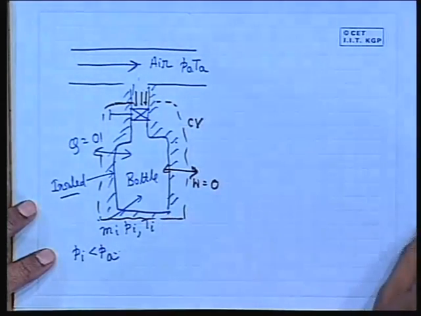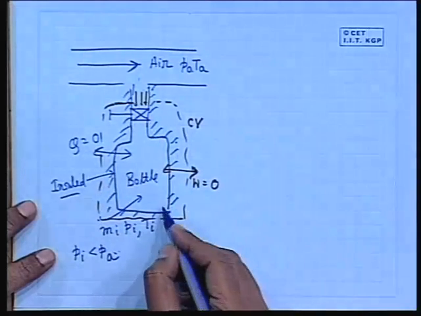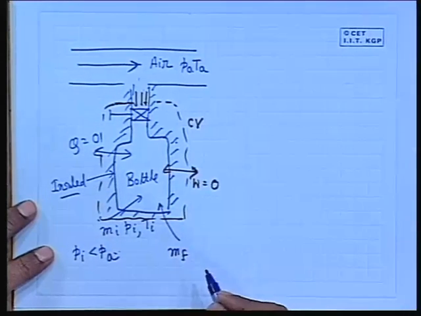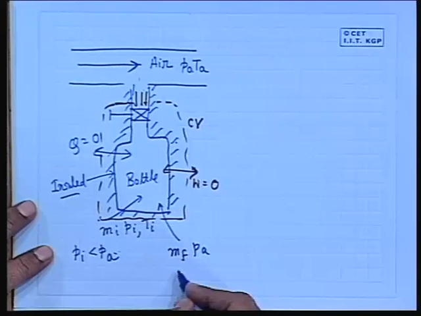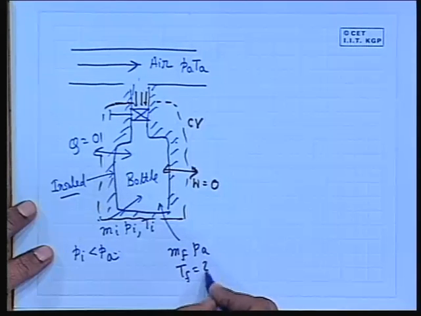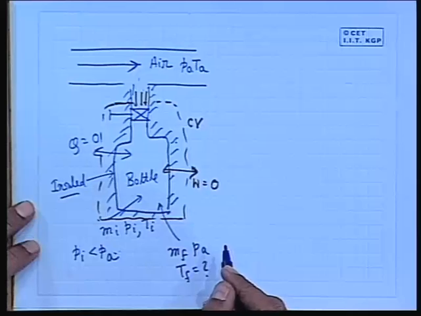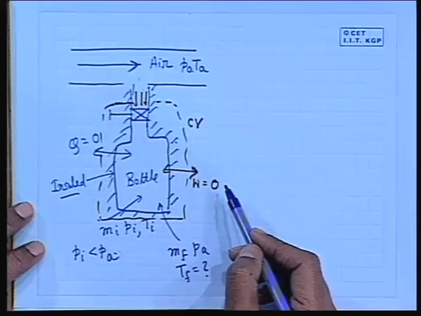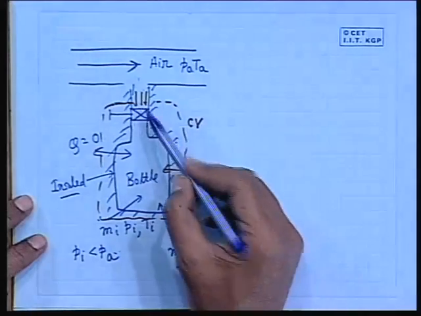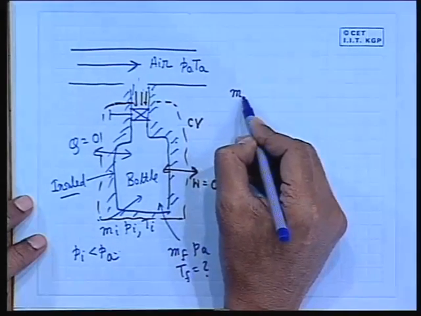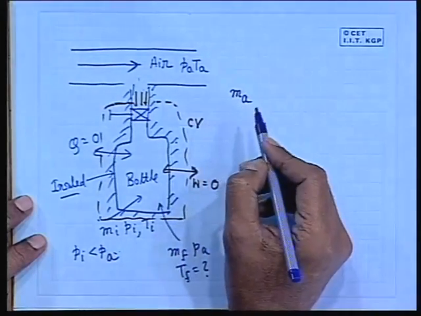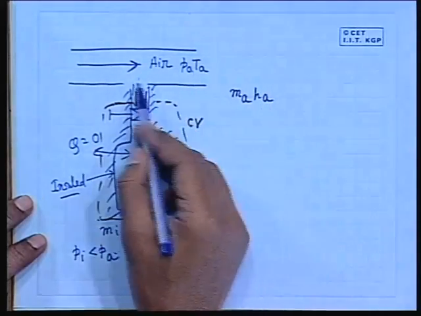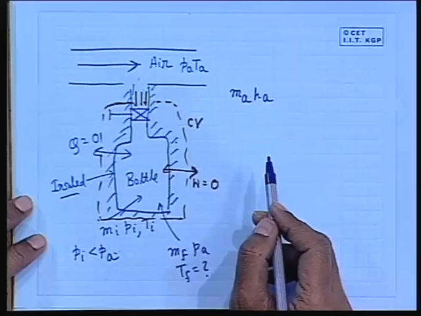Let us consider at the end of this process, the mass in the bottle is Mf, pressure is automatically Pa, and this temperature is to be found out. Now what is the energy influx to this control volume during the entire process? It is the mass of the air which has come, let this be Ma, times the specific enthalpy of the air associated with this pressure and temperature.